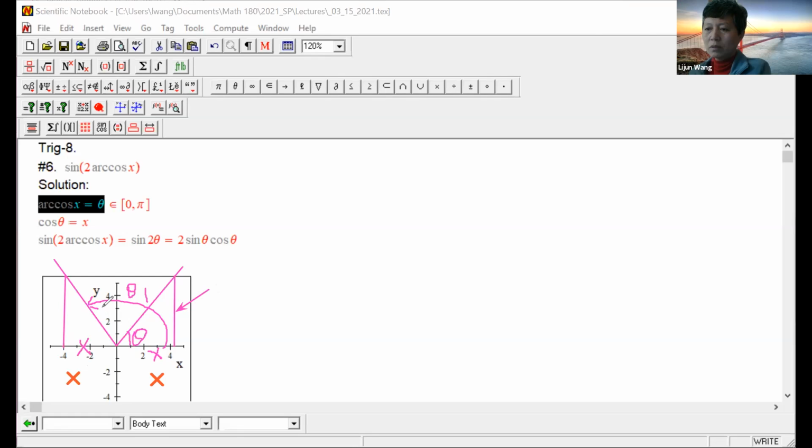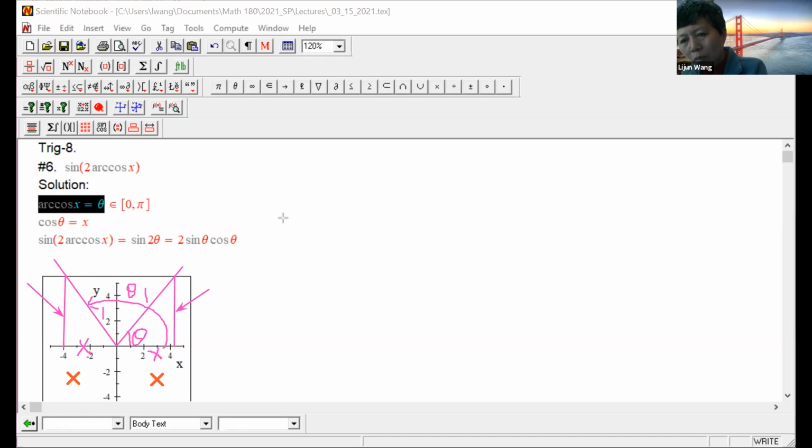This is 1. And what is this side? Root of 1 minus x squared. The square root of 1 minus x squared. Does everybody follow me?